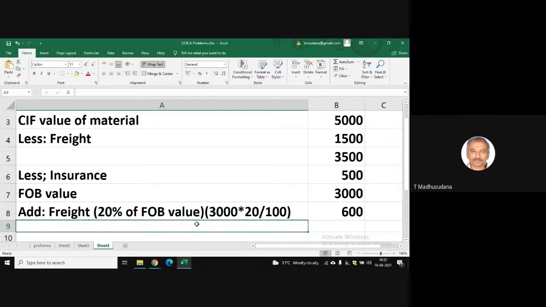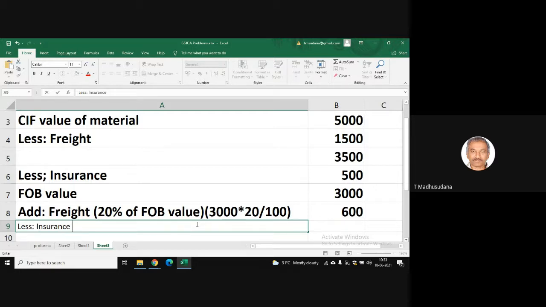Next, insurance. For insurance also there is a ceiling. So add insurance. How much is insurance? 500. As far as insurance is concerned, what is the rule?